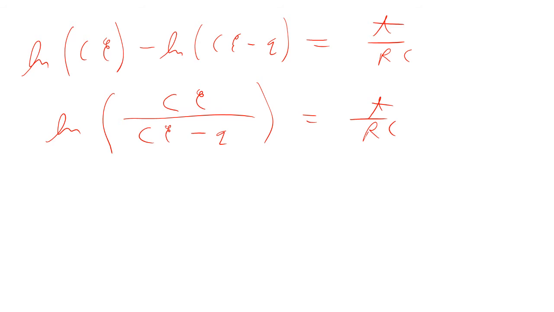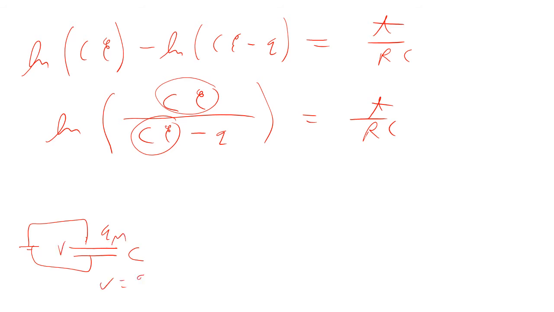Now you look at this and say, what is C times EMF? Well, we got a capacitor here, and we're charging the capacitor. The ultimate biggest charge that can be on the capacitor is some Q max, and that's going to occur when this voltage is equal to the EMF. We know that Q equals C times V, so C times EMF is going to be the maximum charge.